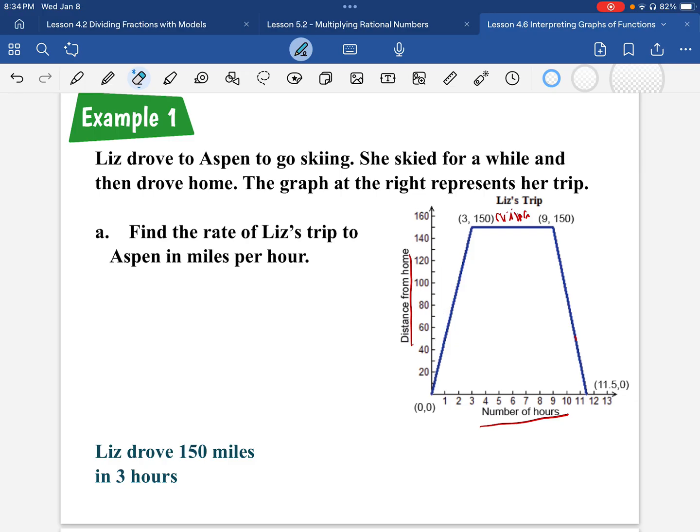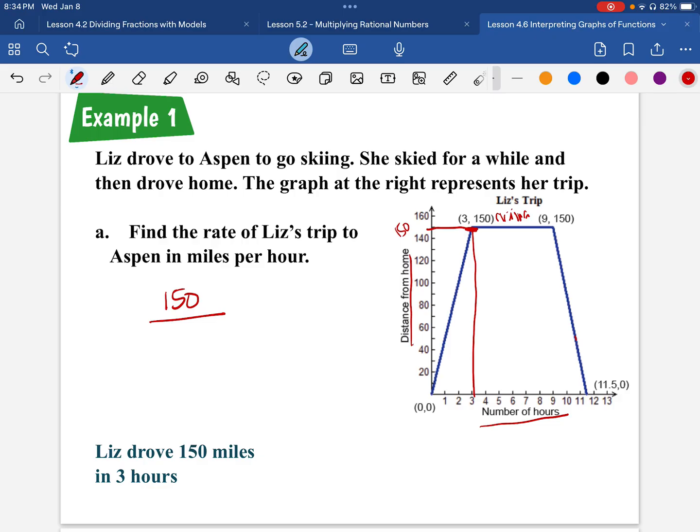So in this first one, find the rate of Liz's trip to Aspen in miles per hour. So we have to figure out what is the total miles she did. She went 150 miles. And we want to figure out how many hours that took her. So it's kind of like rise over run, right?